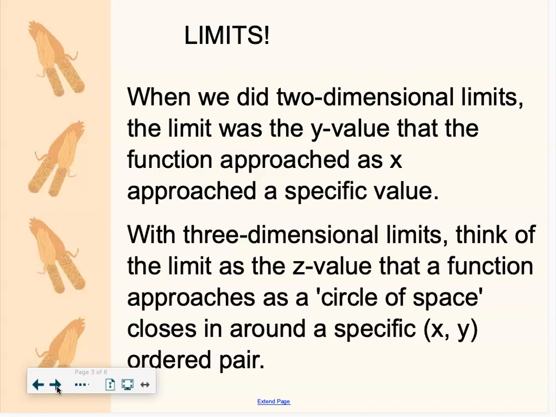And then whatever z value comes out, the closer that circle gets around the point, does your z value close in on one spot? That's the conceptual version of the limit. So think of the limit as the z value that the function approaches as a circle of space closes in around some ordered pair.